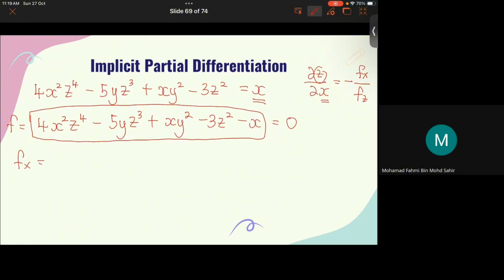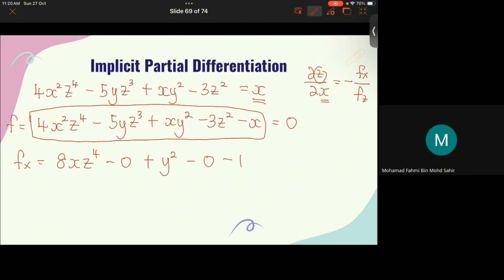So fx would be 8x z power 4. The second term doesn't have x, so it's 0. And next is y squared. Next is 0, right? And next is 1. So your fx is equal to this.